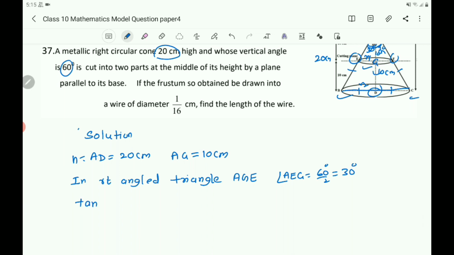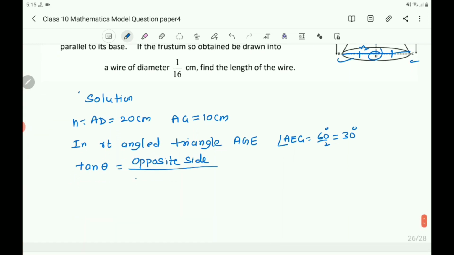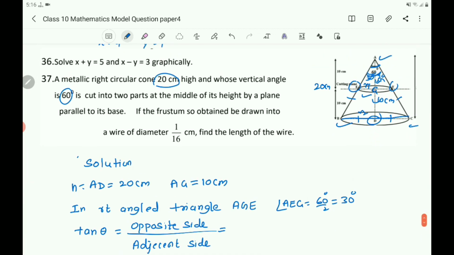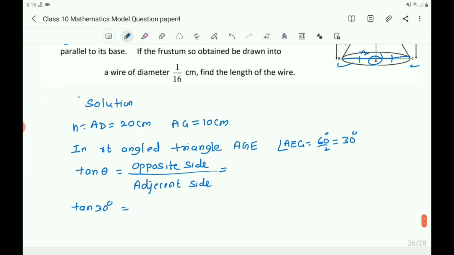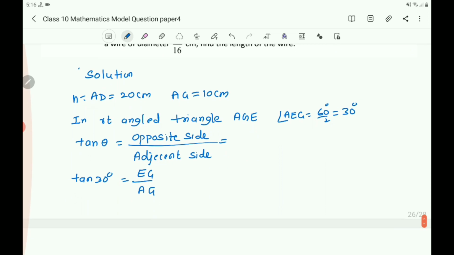So tan 30 degree is opposite side EG by adjacent side AG.